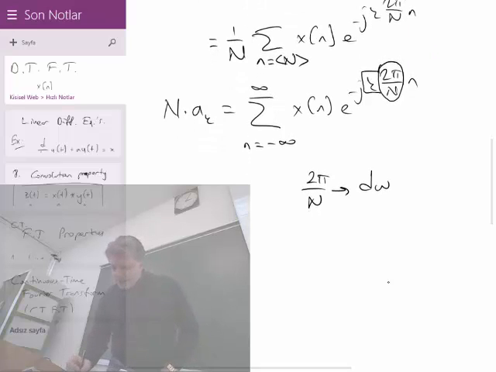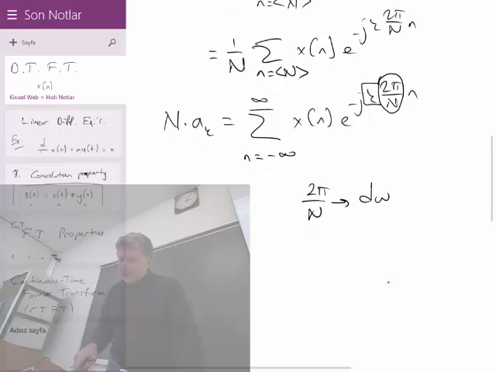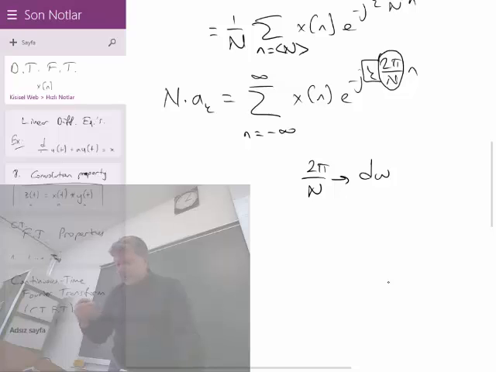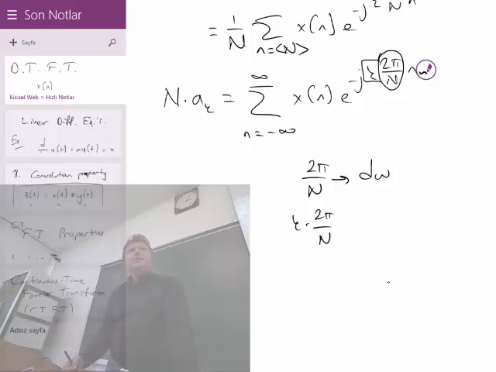And as you see the summation that we have over here, with the introduction of k here, k times 2 pi over capital N, I can define infinitely many very small entities, and k varies from minus infinity to infinity, by the way.